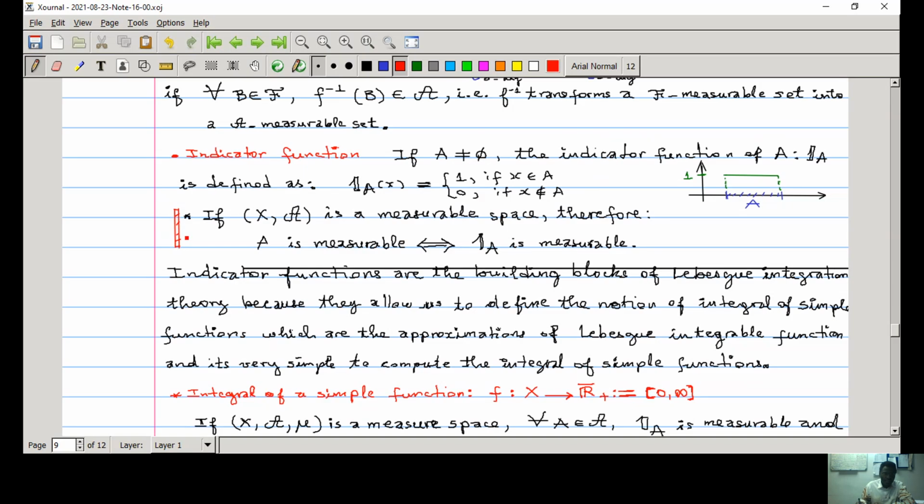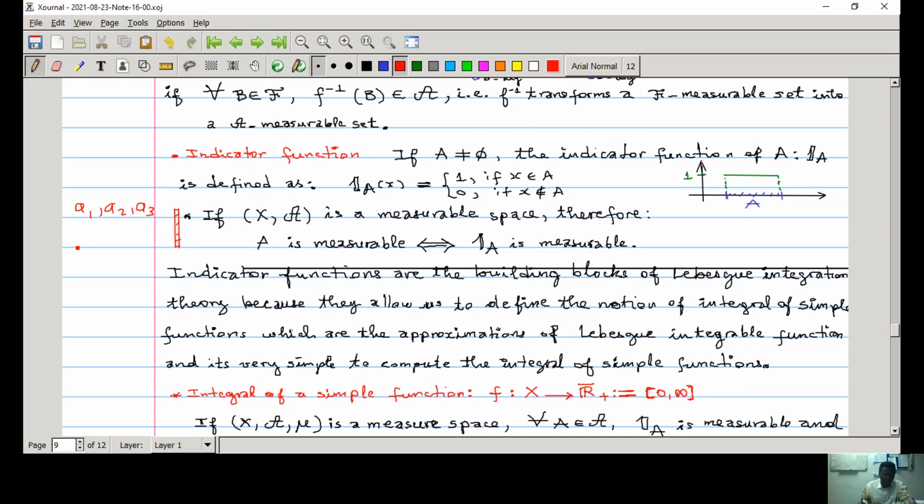To make it simple, let's say, for instance, I have a function that takes the value 1, for instance, like this. Now, what is the preimage of 1? For this case, it's A. Okay, let's say that our simple function takes 3 values, a1, a2, a3. Now, how will I get the indicator function?